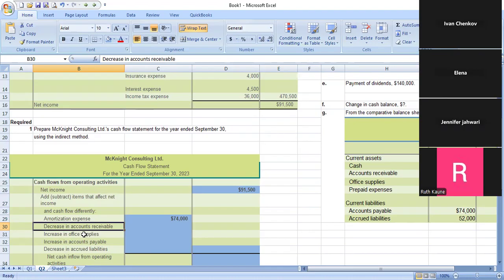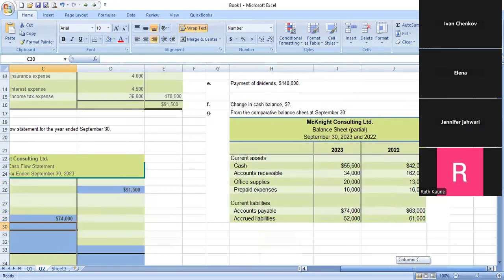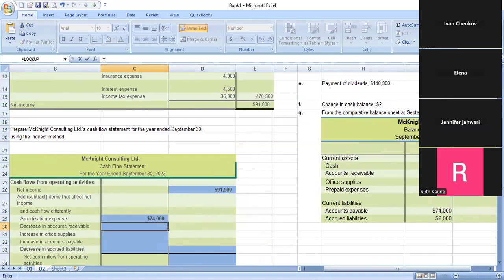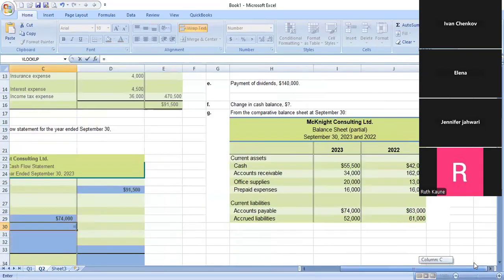But if you want to follow the format the way that we did it, simple, follow the same format. For the assets, beginning balance minus the ending balance. Boom, you get the number.